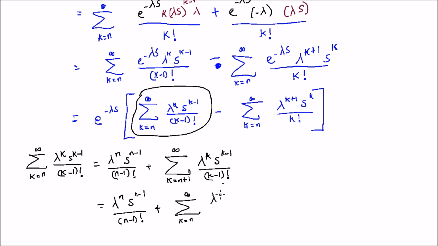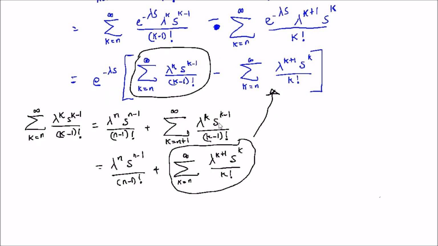So lambda to the power of k plus 1, s to the power of k divided by k factorial. Now, this expression is exactly the same as that one. So these two cancel out.